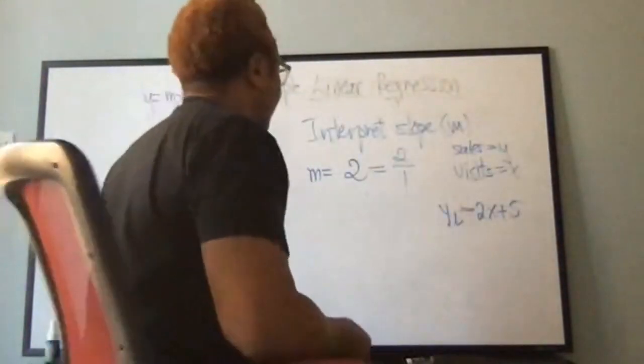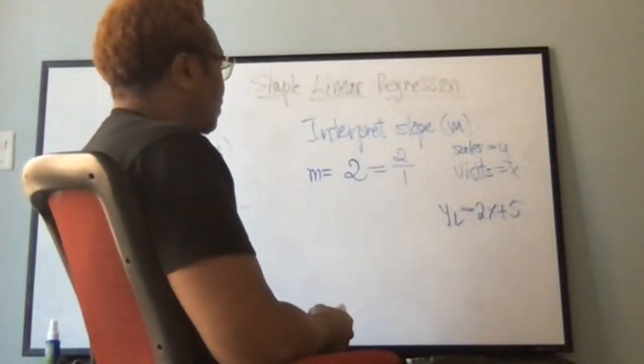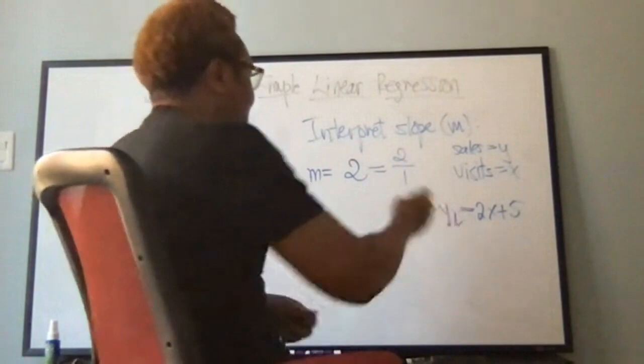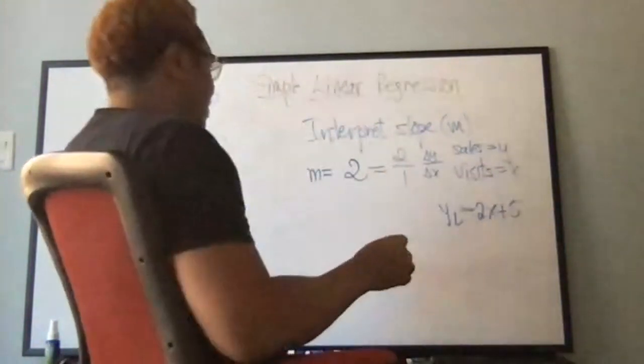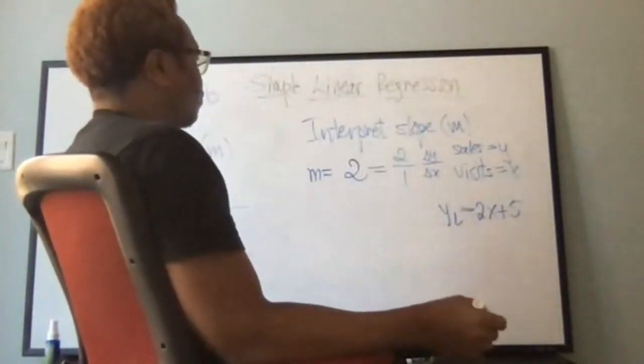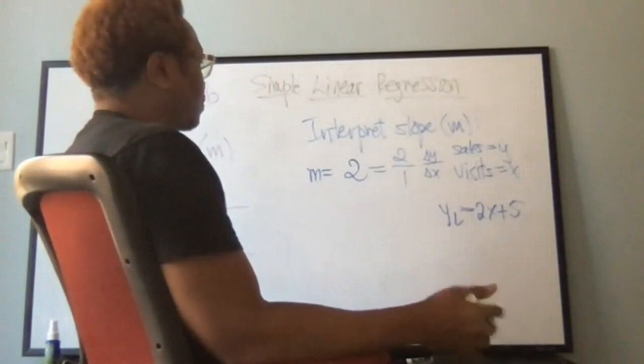So let's try to figure this out. m is delta y over delta x. X is visits, y is sales.